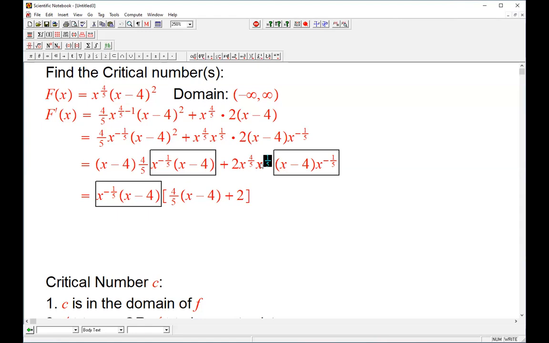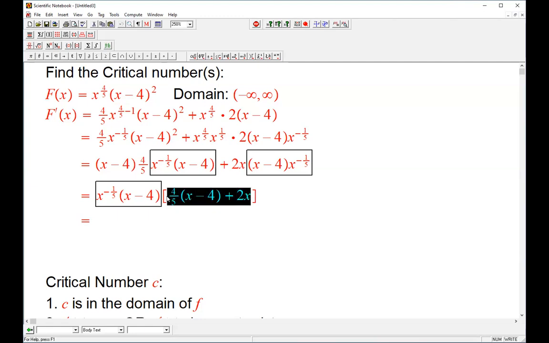So here is already x, so it's just 2 times x. Simplified. If you want to double check, you can go ahead and pause the video, right? These are basic algebraic skills. Okay, so that part is factored out.